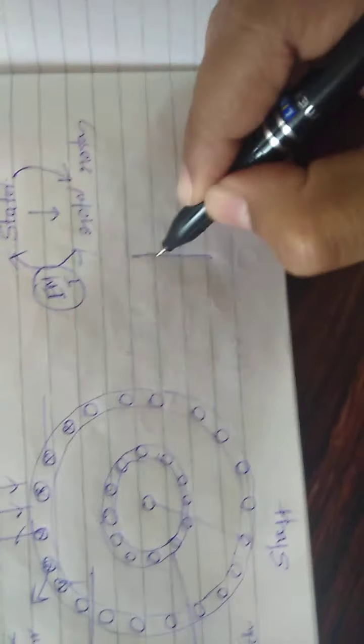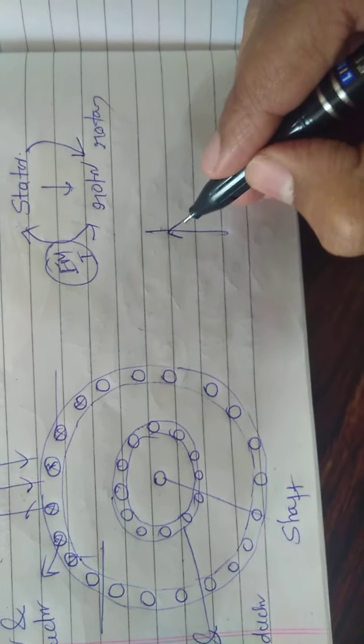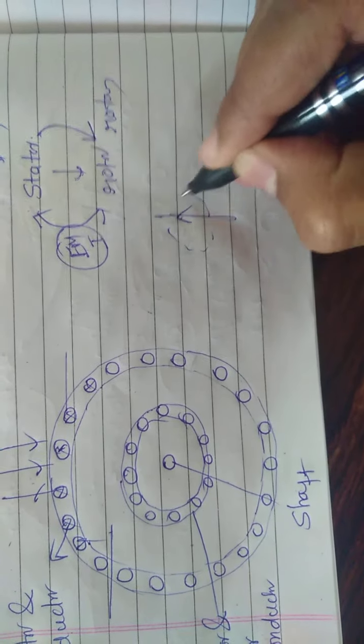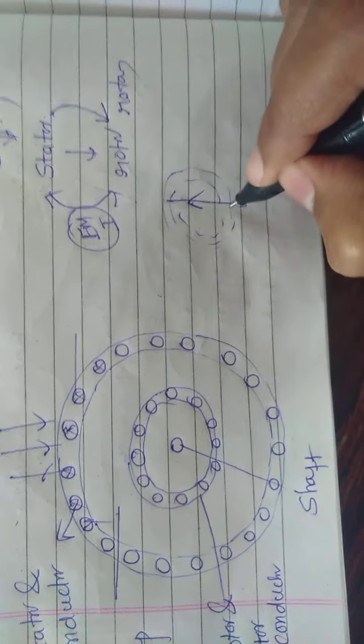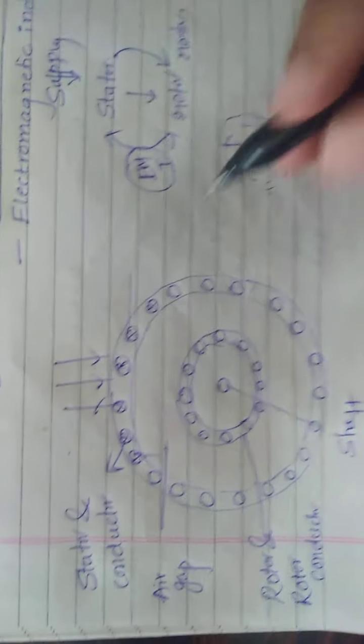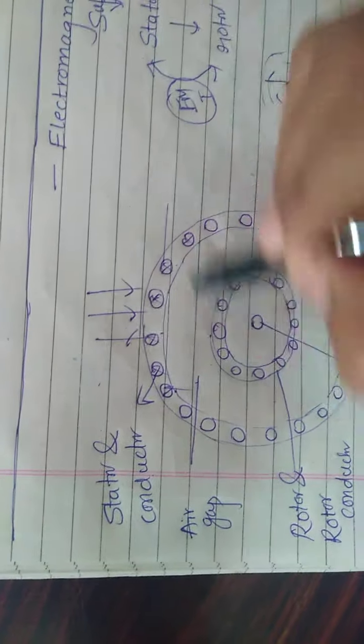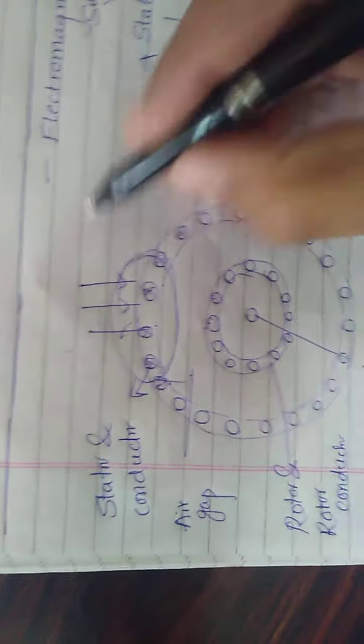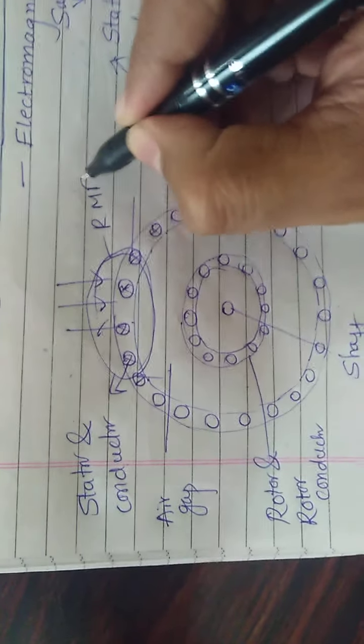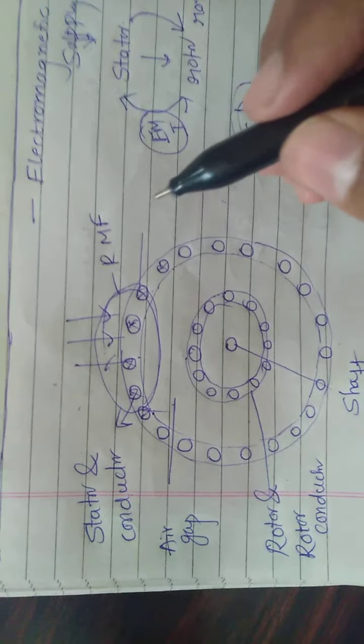We know this: whenever current flows through a conductor, flux is generated around it. The same principle operates here. Whenever current flows through the stator, a field will be generated. We call it RMF. Already we have studied that.